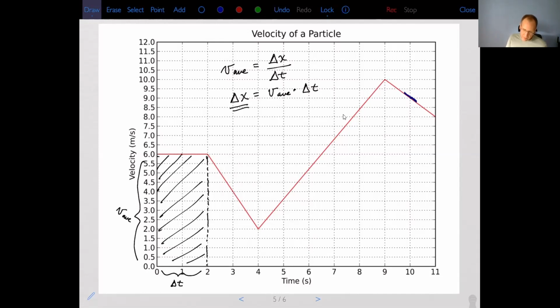So if I want to know the displacement over the first 4 seconds, I have to add up all the areas underneath the velocity versus time graph. Think of this as area 1, area 2, area 3. If I add up those 3 areas, that must be my displacement over the first 4 seconds.